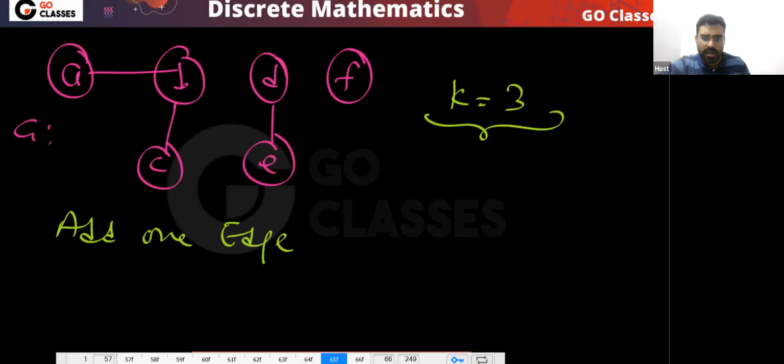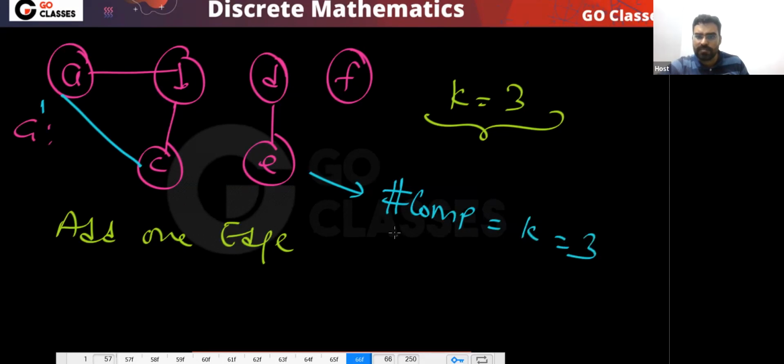If I add this edge, the number of components is still 3.